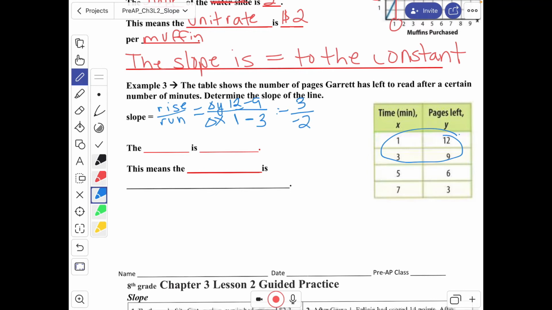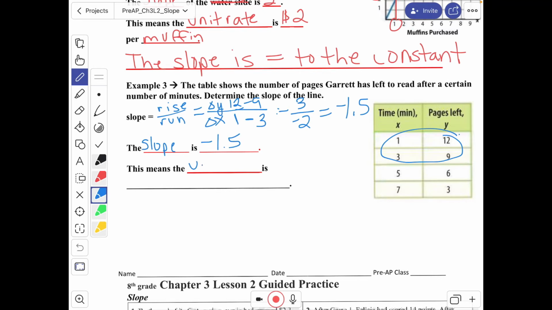And that kind of makes sense that it would be negative because these are pages left. And he's going to have less pages each day because he's reading. So 3 over negative 2 makes negative 1.5. So the slope is negative 1.5.